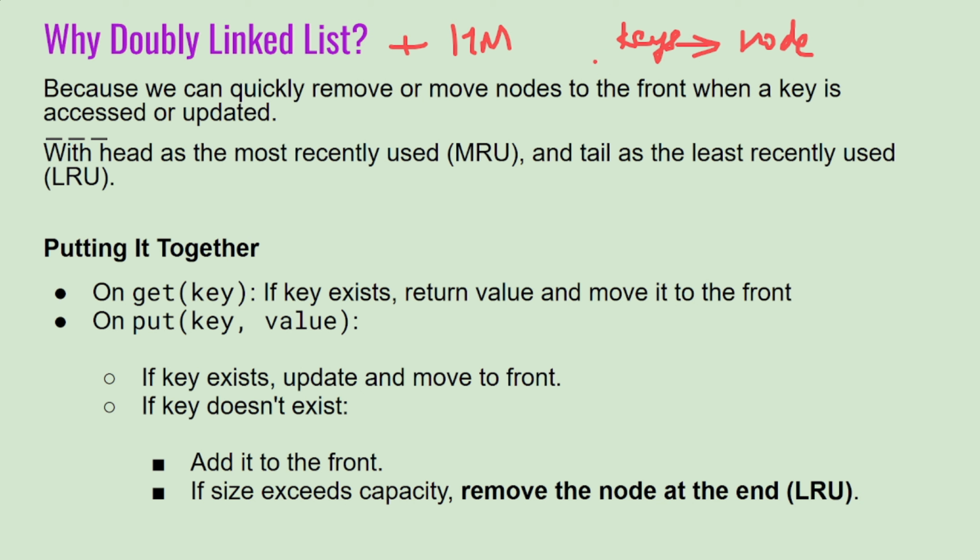So for O of 1 time, we need the HashMap, where it will have the key and node. Understood? So that whenever we access this key, it will give this node in O of 1 time. Easy? But it doesn't keep track of the usage order.